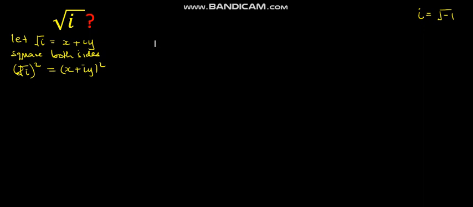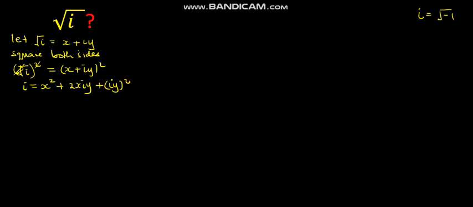And if we square this, the square root will go with that square, and our i will be equal to, we are going to expand this using binomial expansion, and that gives us x squared plus 2xiy, then plus iy, everything is going to be squared.